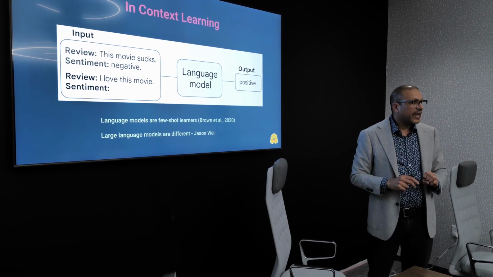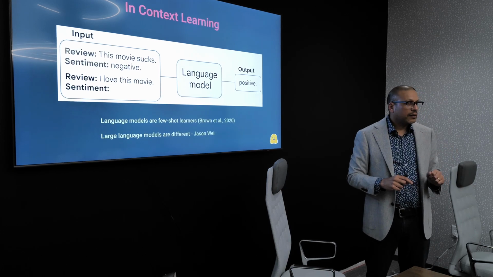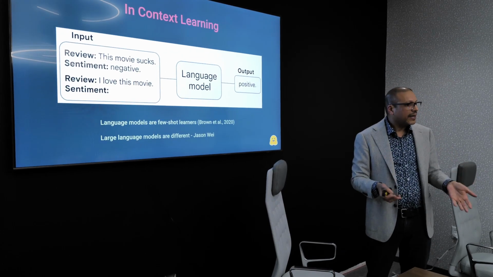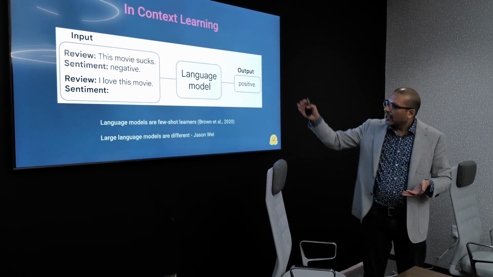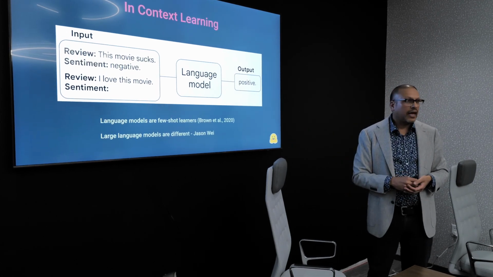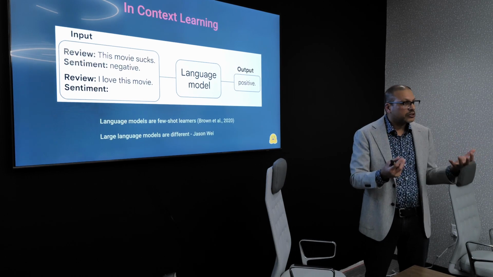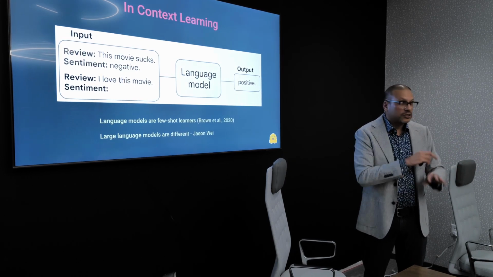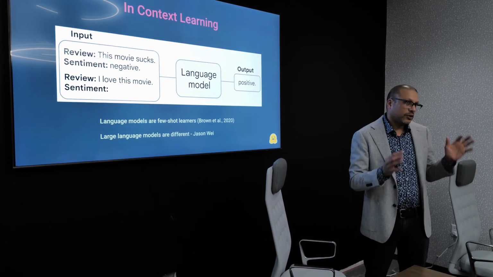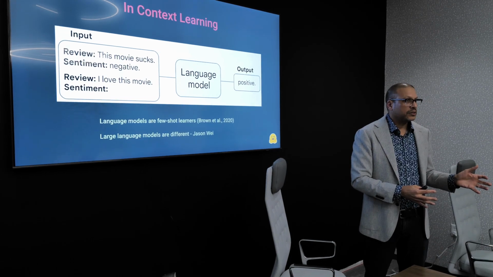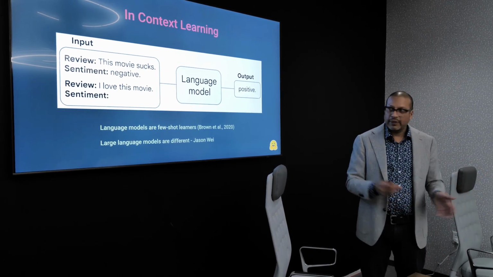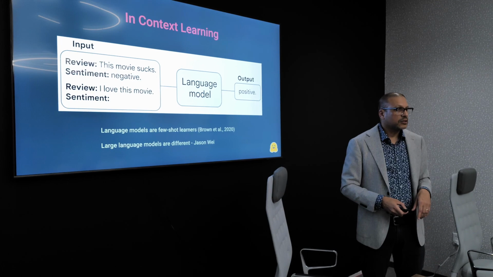All you have to do is hand it a couple of examples of that, and then the model will be like, oh, I get what you're talking about, and then it will give you predictions that way. This is called few-shot learning, and it's because there's so much information within these models. It's a totally different way of doing machine learning, and this is also going to change a lot of paradigms.